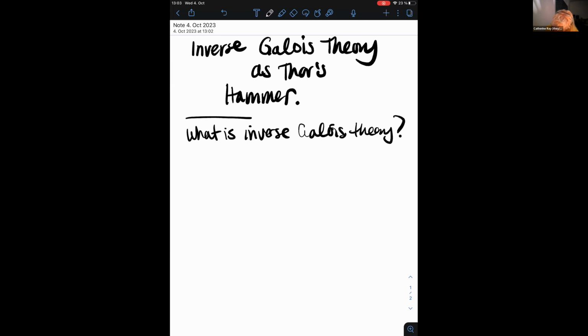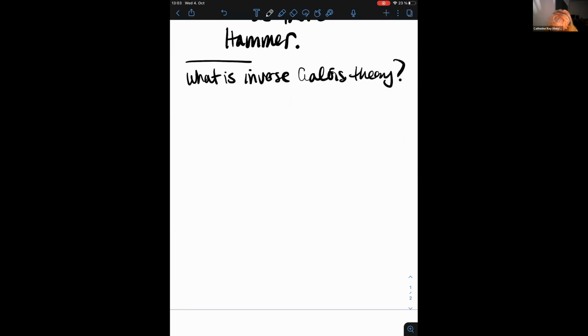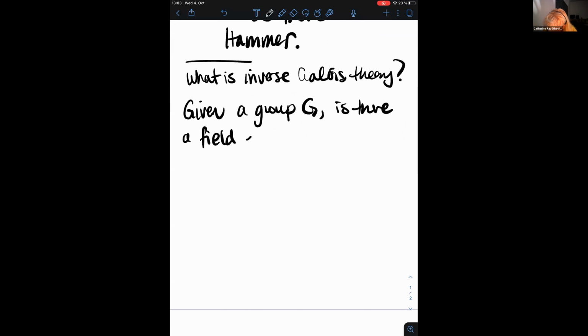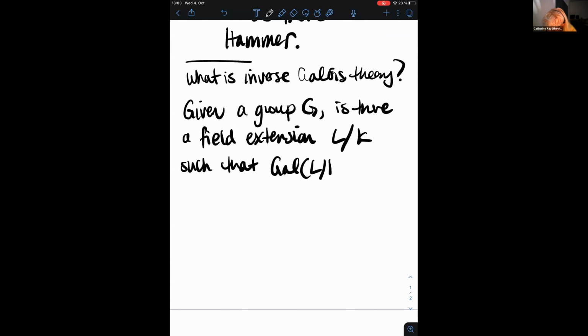Well, it answers the following question. Given a group G, is there, well, it depends on what generality you want to ask it in, but let's just say this: is there a field extension L over K such that the Galois group of L over K is G?